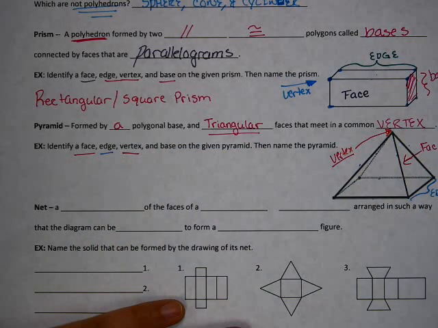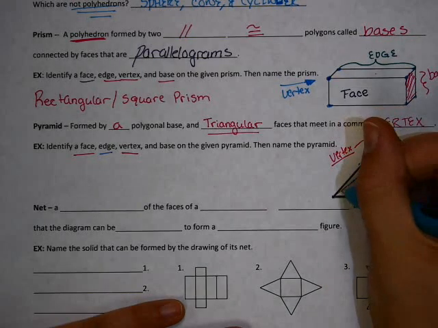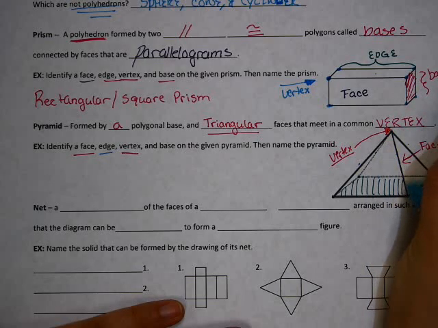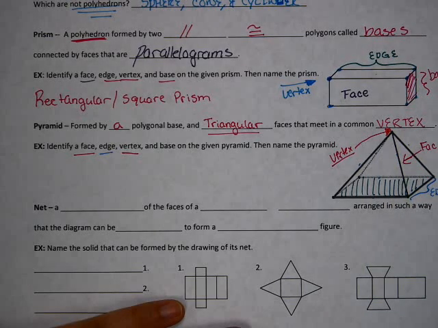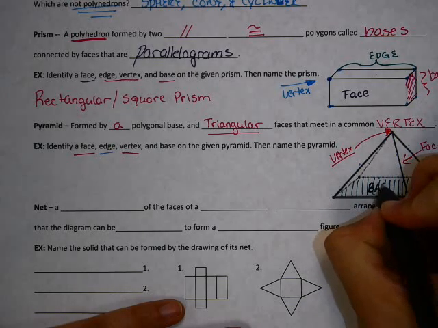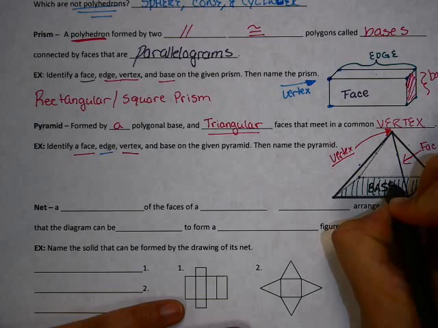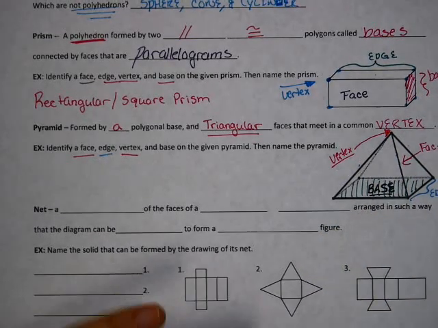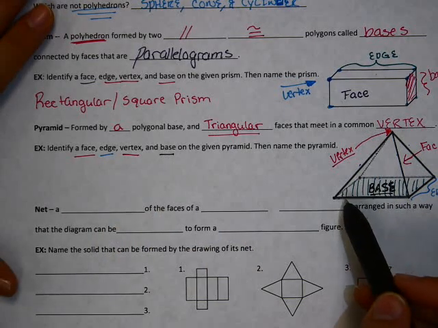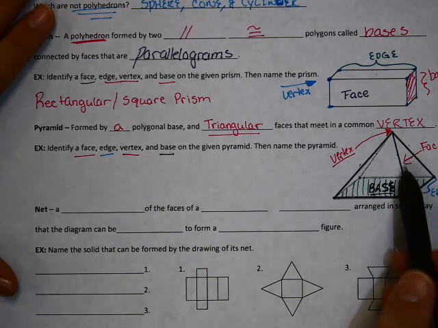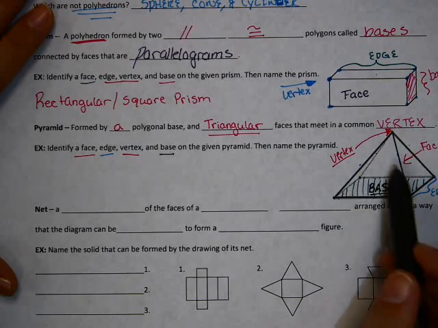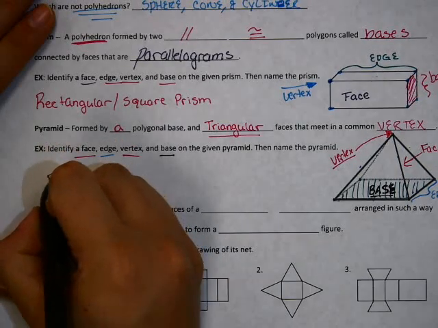And our base is what's going to tell us what type of pyramid this is. So this would be the base. Okay. So our base is rectangular, so it's going to be a rectangular pyramid.